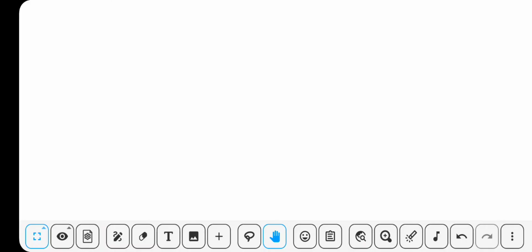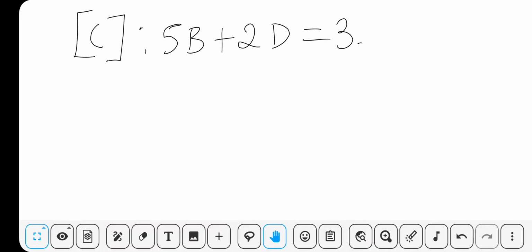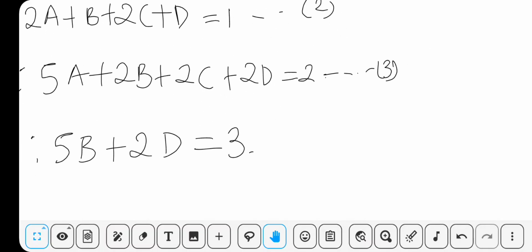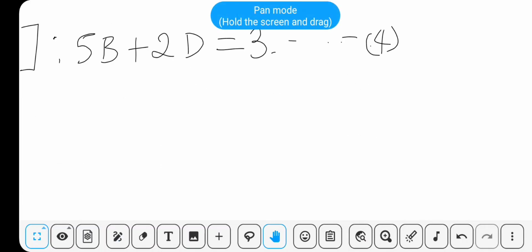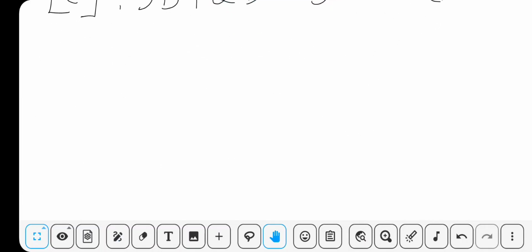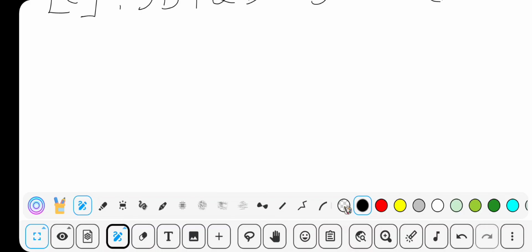So solving these equations simultaneously, this is equation 4. From equation 1, you can get that a is equal to minus c, because a plus c is equal to 0.